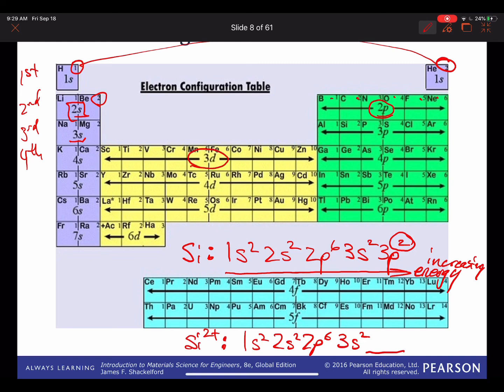Notice that the 3d orbitals are in the 4th row, and the 4d orbitals are in the 5th row, and that there is no 2d or 1d orbitals in the periodic table, and likewise for the p, there is no 1p orbital in the periodic table. Okay, and again, this is all very good because it helps us understand where the most reactive electrons are and what that might mean for matter in material science and engineering.